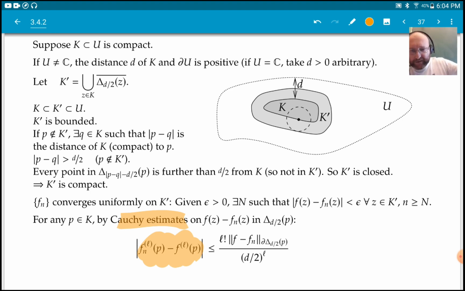So we apply it, right? And I mean, we really apply it to this guy, right? And we get that, well, there's this L factorial and d over 2 to the L, right? Because we're applying it in this disk, but d and L are just constants. Who cares about them? The thing is, it's bounded by some constant times the uniform norm of f minus f_n on this circle, right?